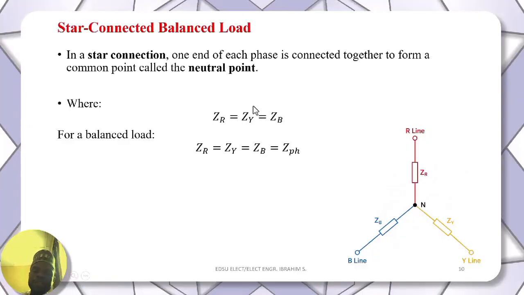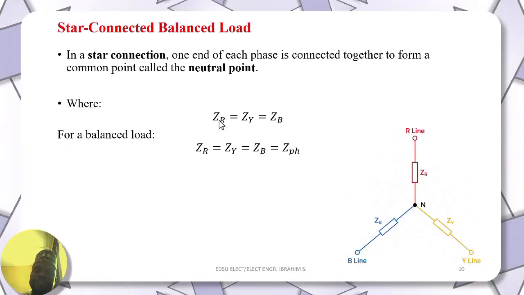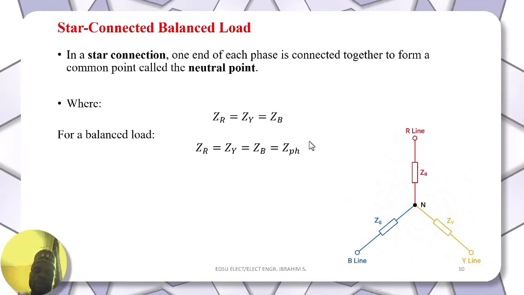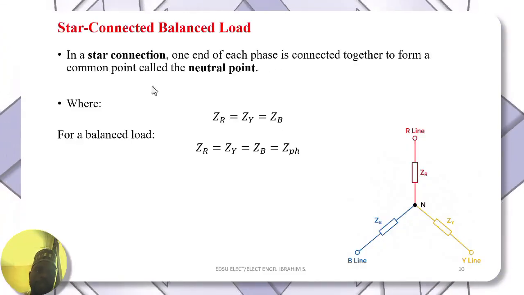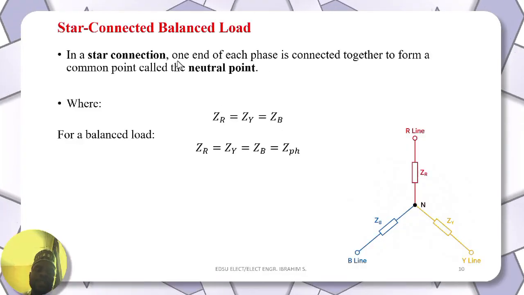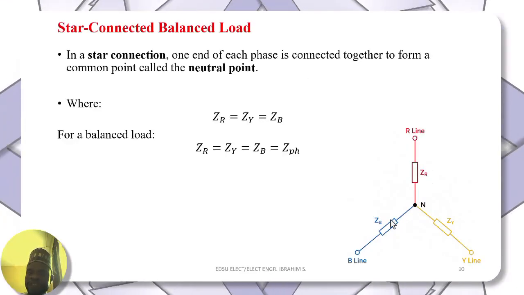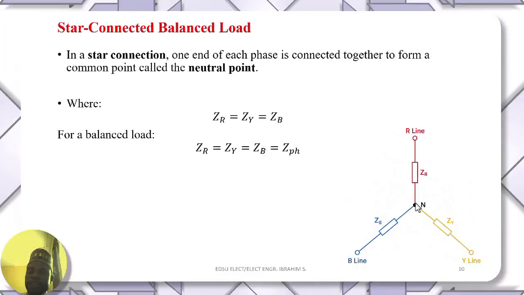Now, for the star connection, for a system to be balanced, all the impedances should be equal. That is one. All the impedances should be equal to our Z phase for line connection. Now, in a star connection, one end of each phase is connected together, which will form the neutral point.